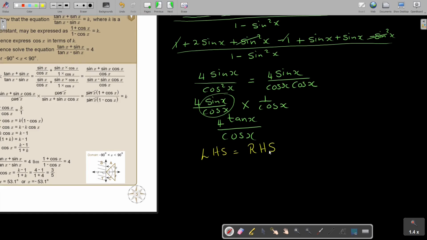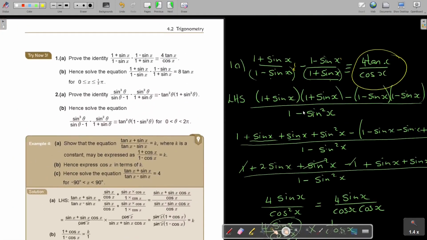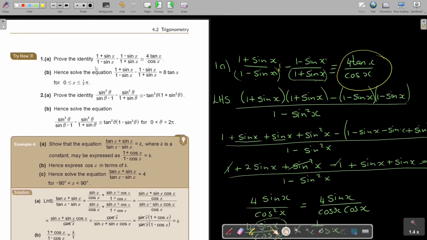Okay, and now I can again do this. So if they come with the second one, they say hence solve the equation, and then they put this. Do you see? They have this, and now they just put this. So these two will basically be equal.